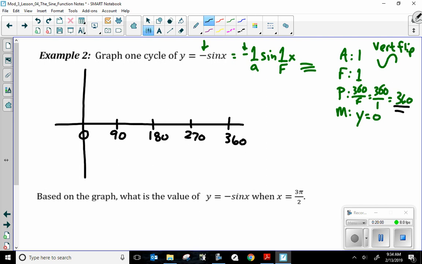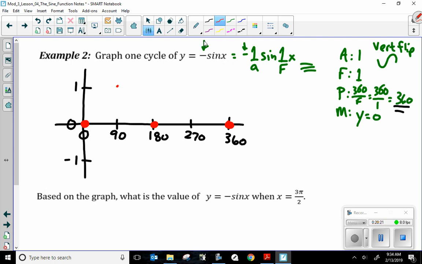All right. My amplitude is 1, so it's going to go up to 1, down to -1, and my midline is 0. So I know sine, whether it's positive or negative, always starts at the midline, ends at the midline, which is 0, and in the middle, 0.